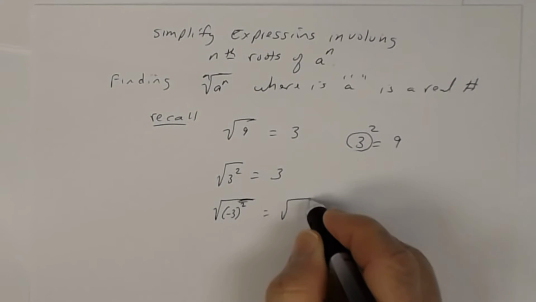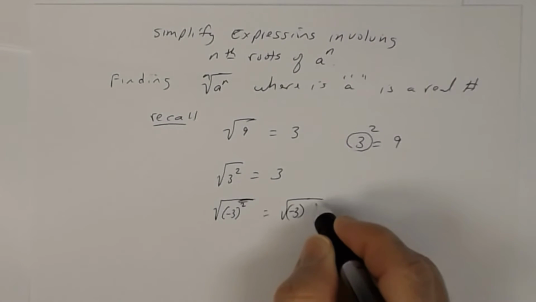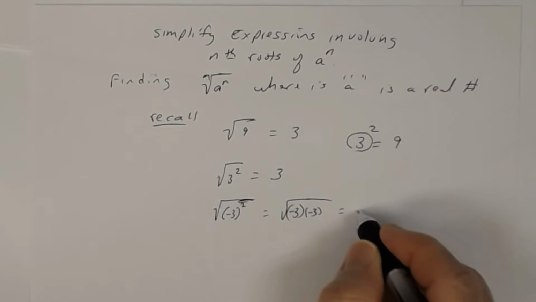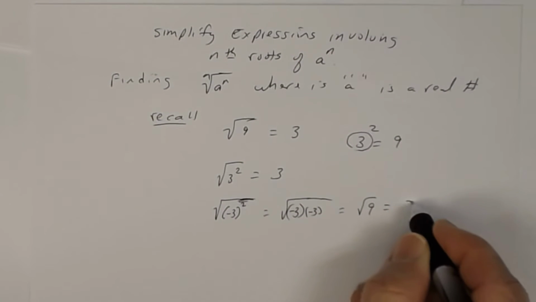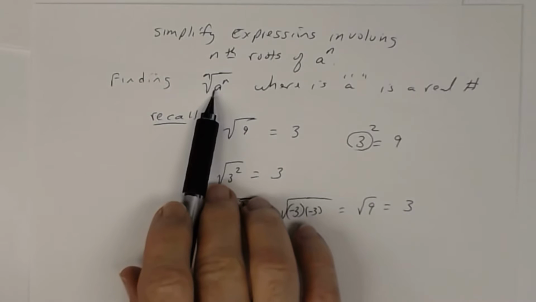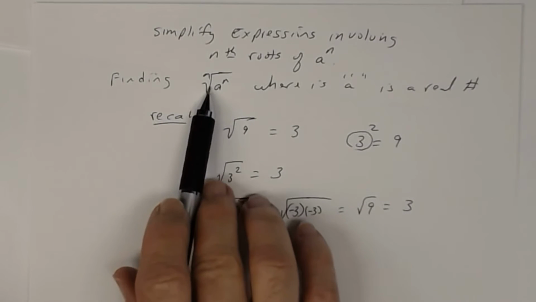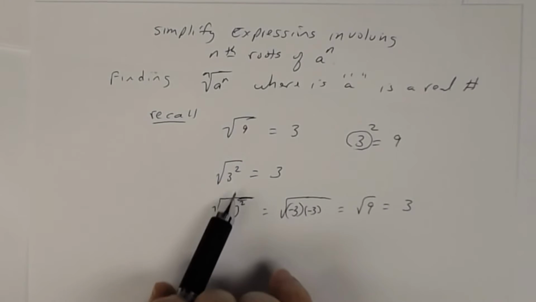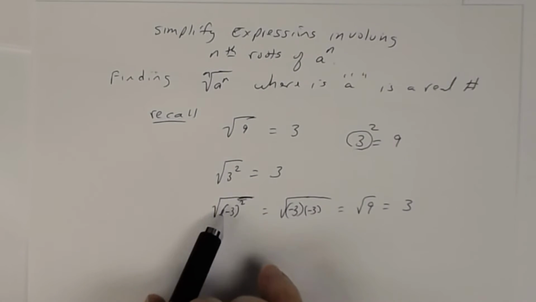So that means the square root of negative 3 times negative 3, and negative 3 times negative 3 is a positive 9, and the square root of 9 is 3. So you have to be careful when you're looking at this situation and a is negative. We're going to discuss this a little bit more, but when a is negative, you have to be careful.